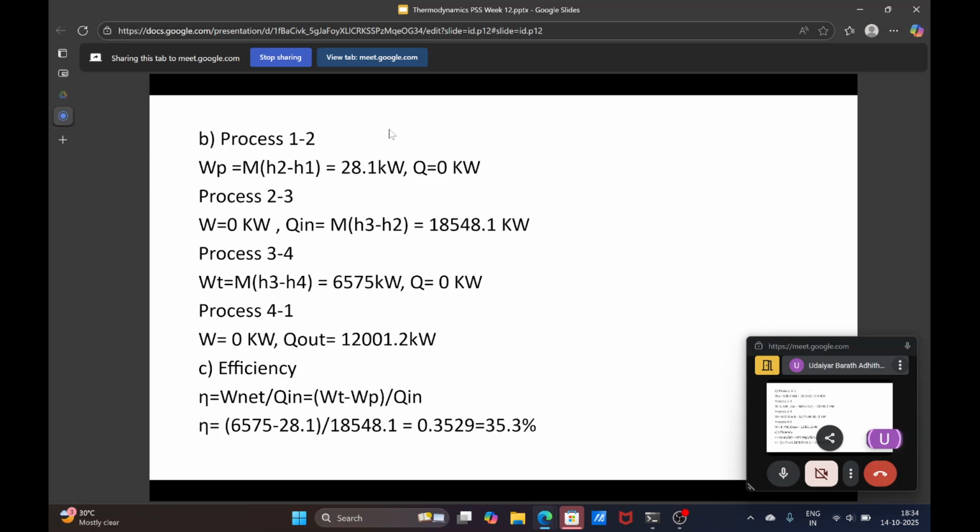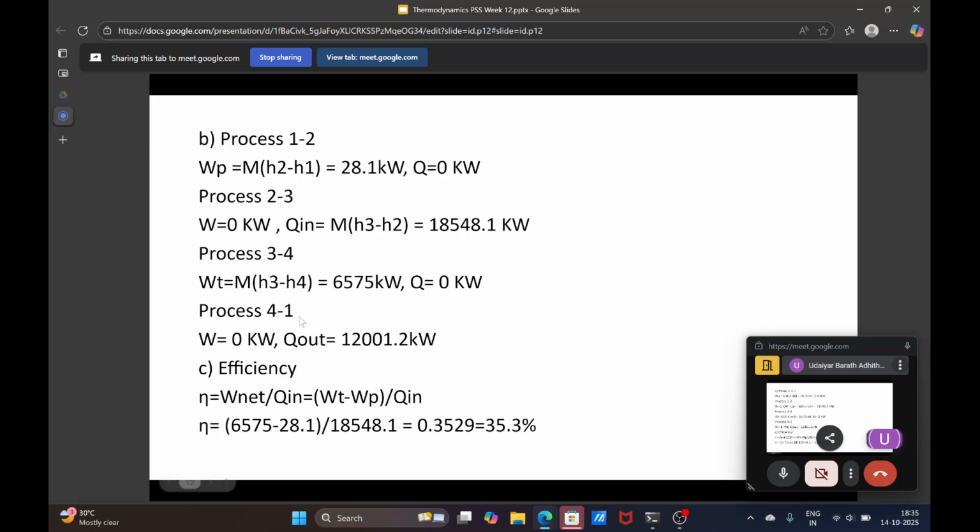So we see the comparison of the work, the pump work is negligible. And then process 4 to 1 is heat rejection. So in case of heat rejection, your work done is 0, and Q out is 12,001.2 kilowatts.